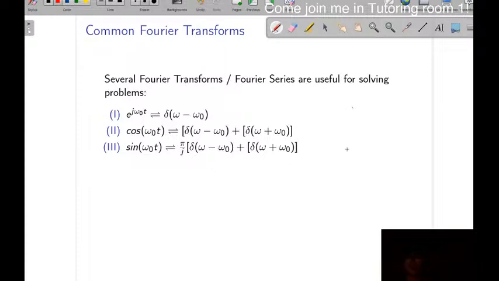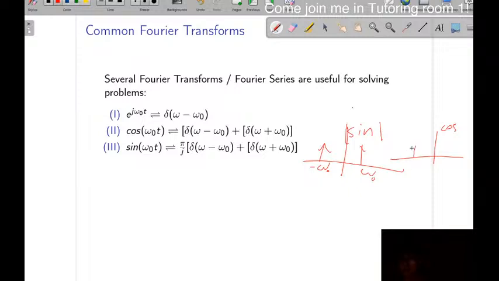So we're going to get two spikes in the magnitude spectrum again. This is the magnitude spectrum of sine, and this is centered at omega 0 and negative omega 0. But it's going to have a phase spectrum that looks a lot different from cosine.